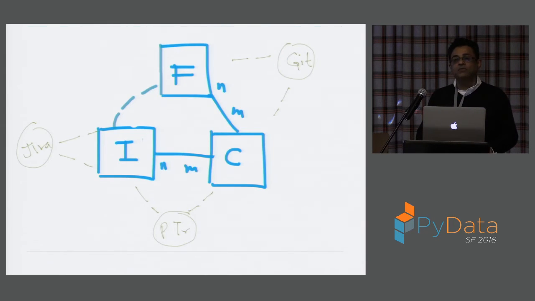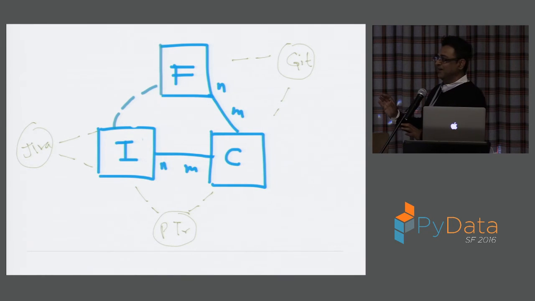And this is what I found to be the underlying model. Are people familiar with entity relationship diagrams, or is it a thing that is dead now? But what we have, F stands for files, I stands for issues, and C stands for changes. And this is the underlying model, almost a canonical core model of software development. And this is what I discovered when trying to find the reverse connection between issues and files.